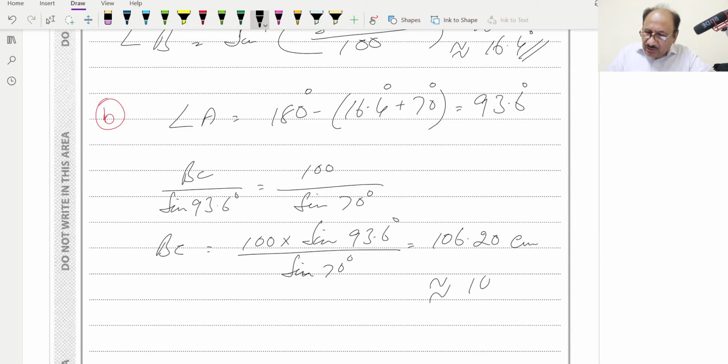So up to 3 significant figures we can write 106 centimeters. This will be our answer.